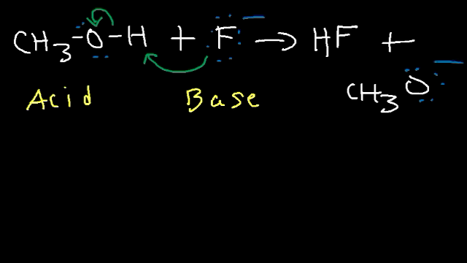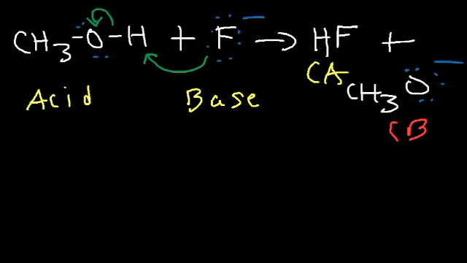So this is the methoxide ion on the right side. Because methanol lost a hydrogen, it turned into the conjugate base. Whenever you take away a hydrogen from something, you create the conjugate base. And whenever you add a hydrogen to something, you create the conjugate acid. So HF is the conjugate acid and methoxide is the conjugate base.